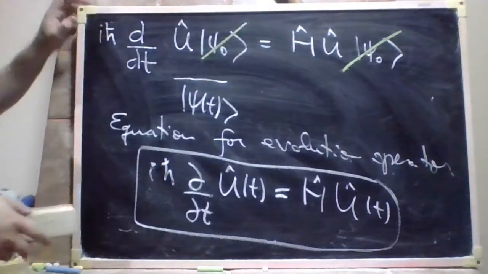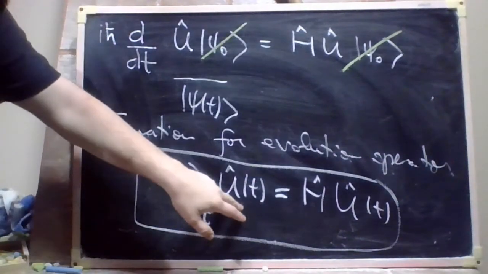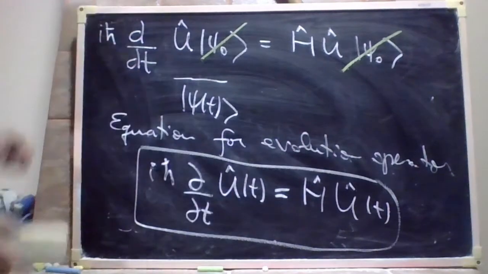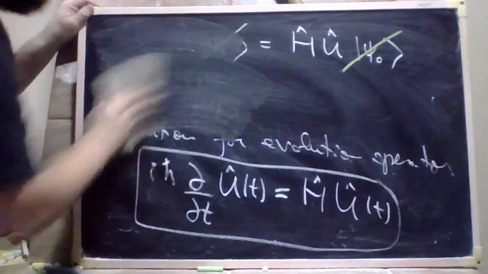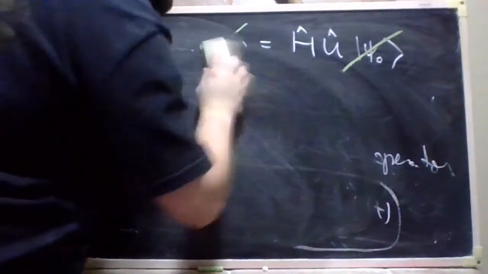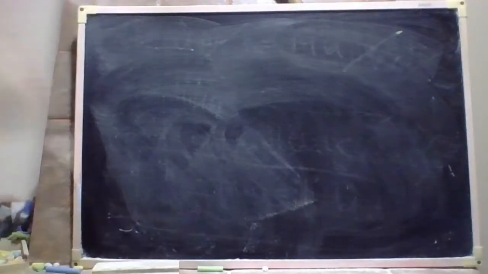But we already have the solution for this equation. So it's just the time evolution of a quantum system. It's described by this evolution operator, which is unitary.